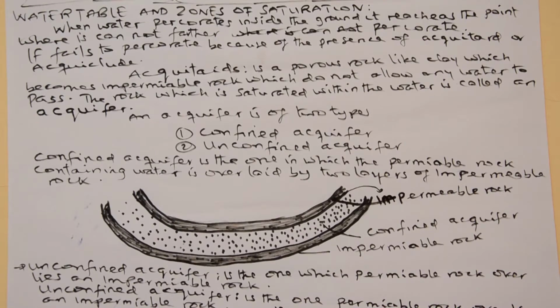Impermeable means something which cannot allow penetration of water. It is rock which does not allow any water to pass.